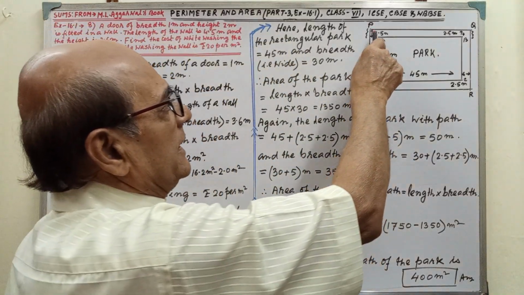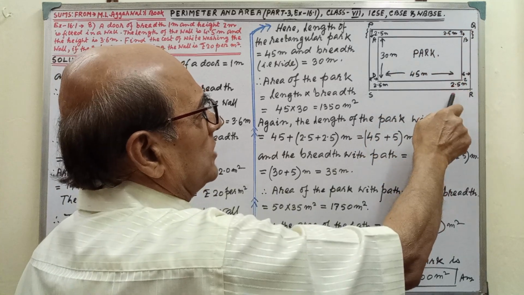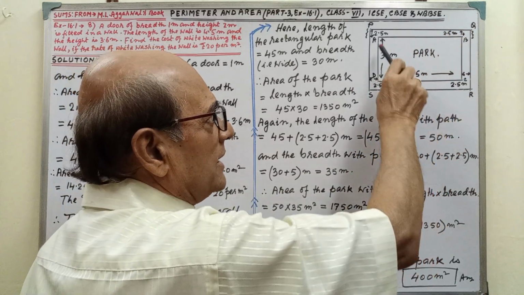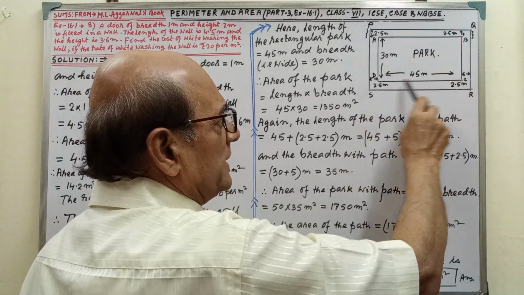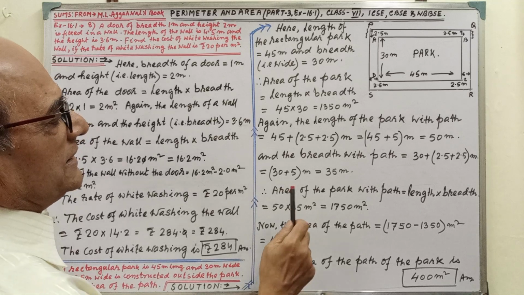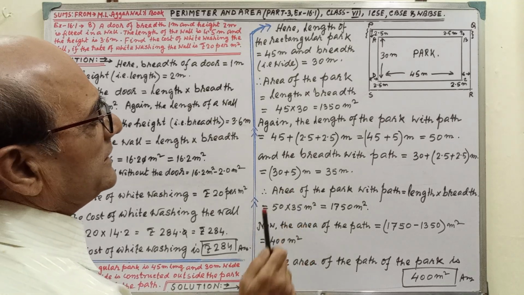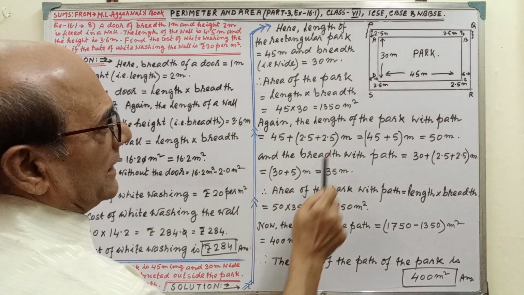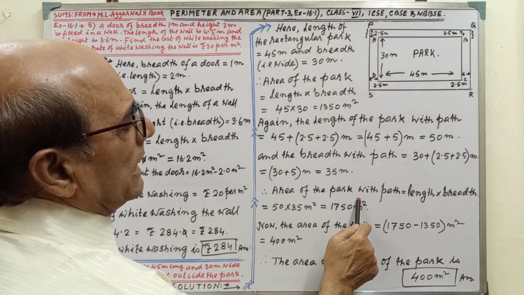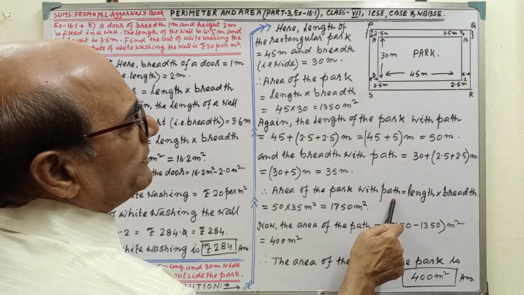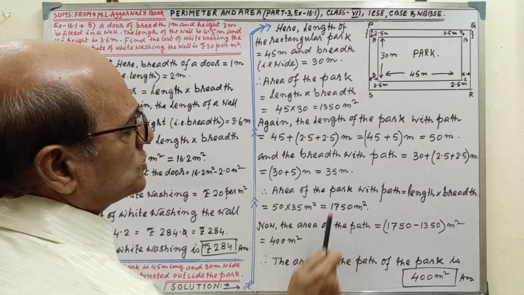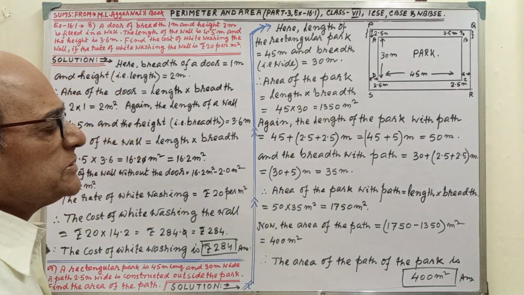That means the area of the rectangular park with path, and without path, we have to subtract. After getting the length and breadth, the area of the park with path is length into breadth, 50 into 35, that is 1750 meters square.